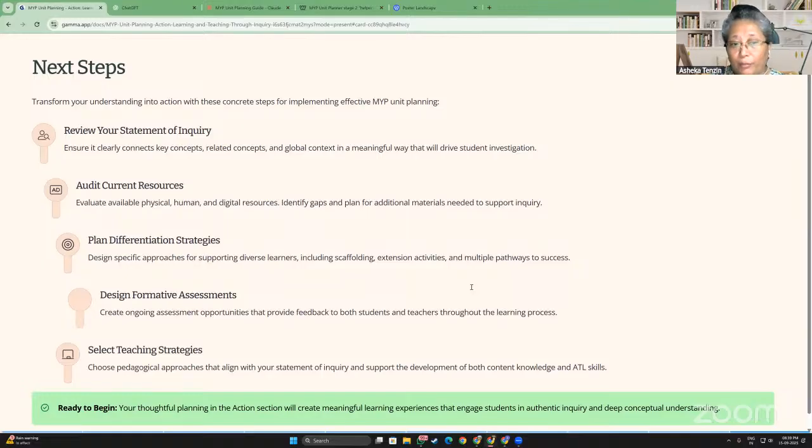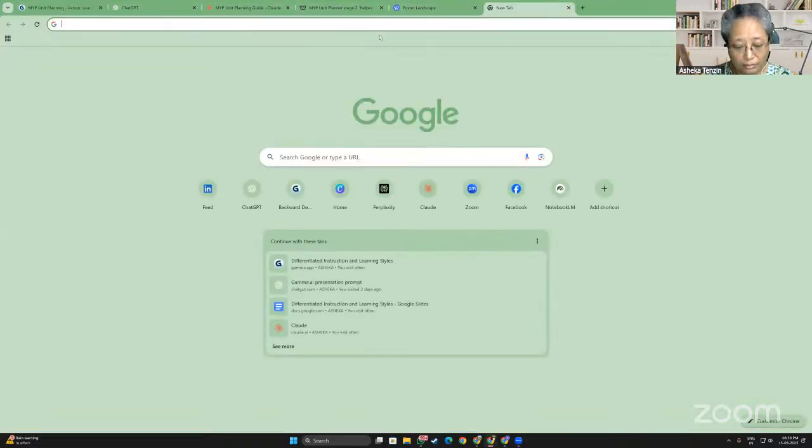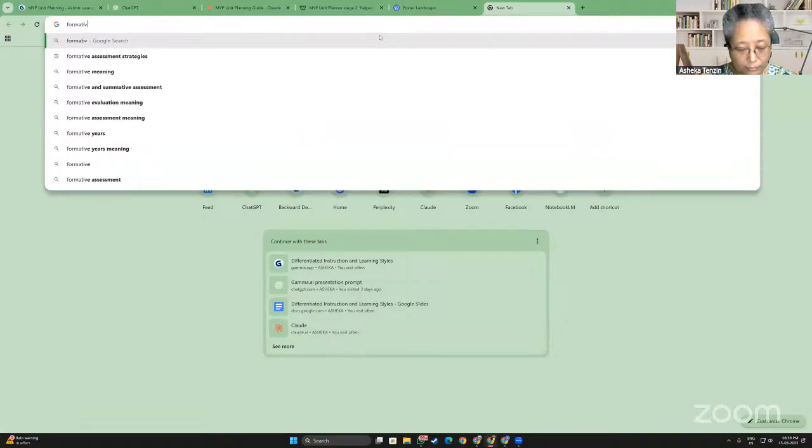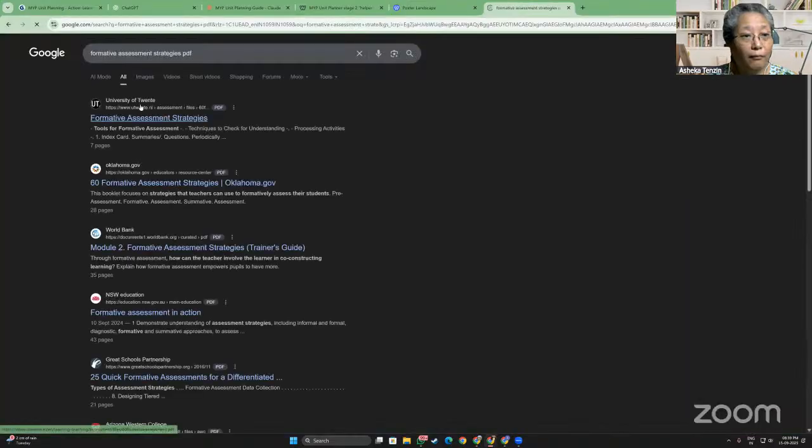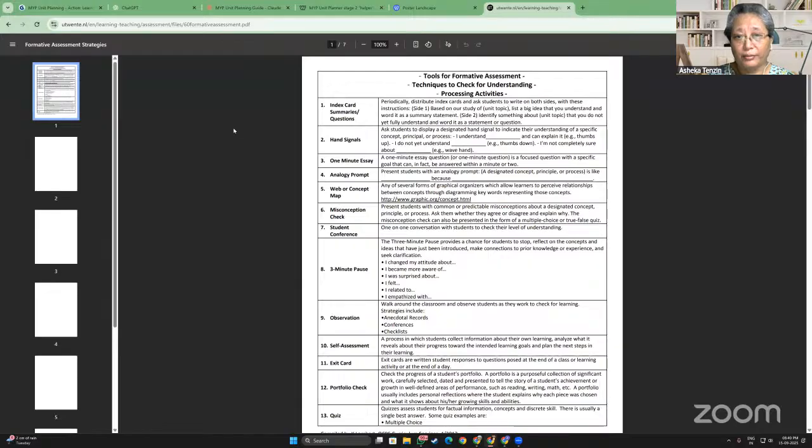Then design formative assessments. Create ongoing assessment opportunities, which will help to provide feedback to students. Again, there are many formative assessment strategies. If you Google over here, this one has some 60 formative assessment strategies.